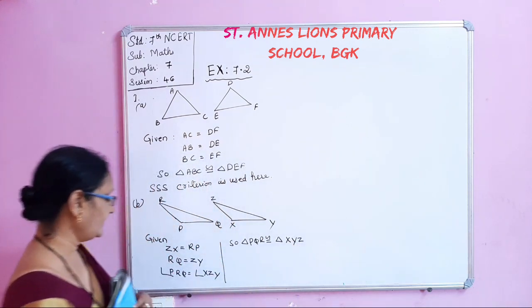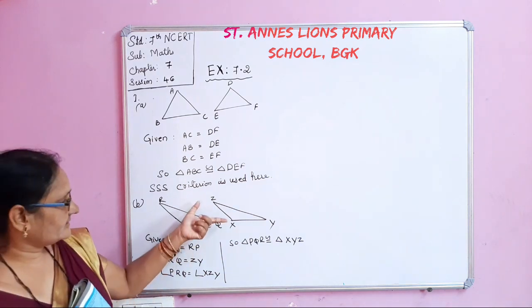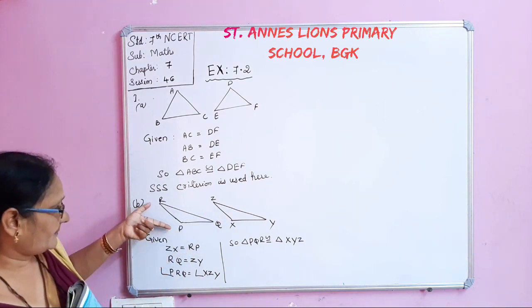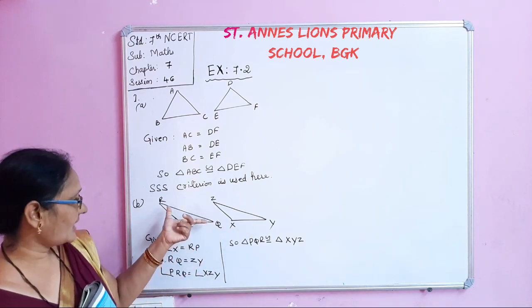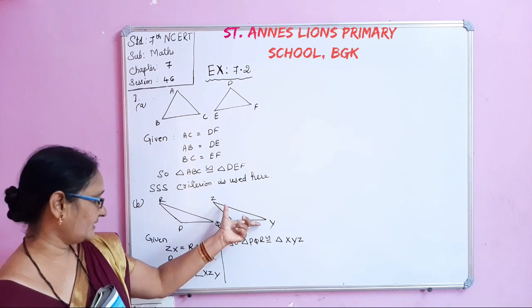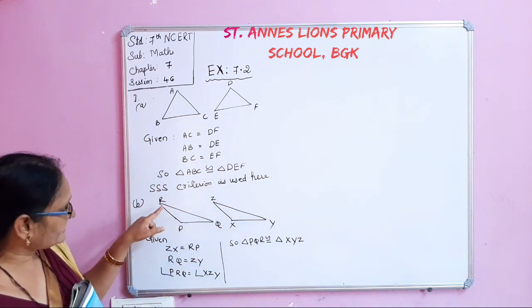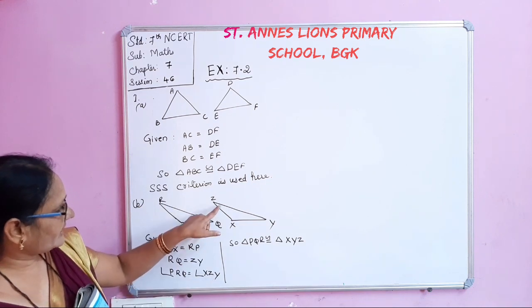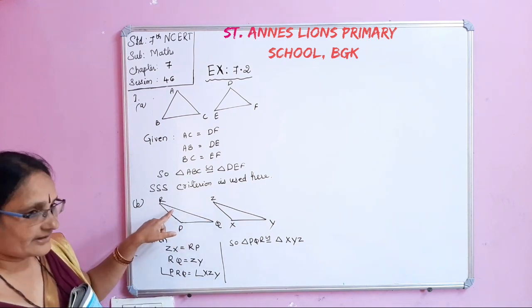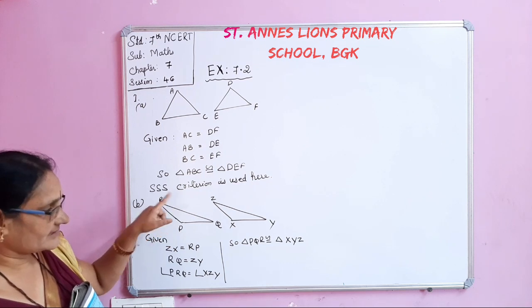Which criterion is used here? ZX is equal to RP. Then RQ is equal to ZY. In between the two sides, angle R is equal to angle Z is given. So side, angle, side.